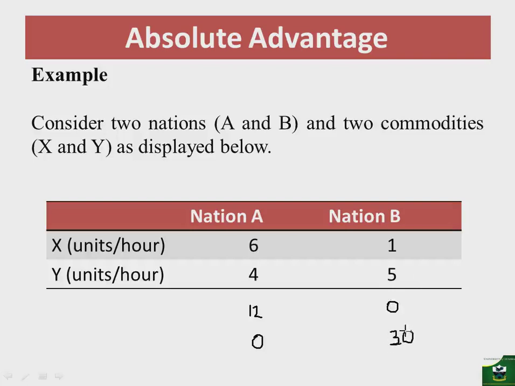This is because the whole 6 hours which nation B is withdrawing from the production of commodity X is channeled to the production of commodity Y because of specialization.